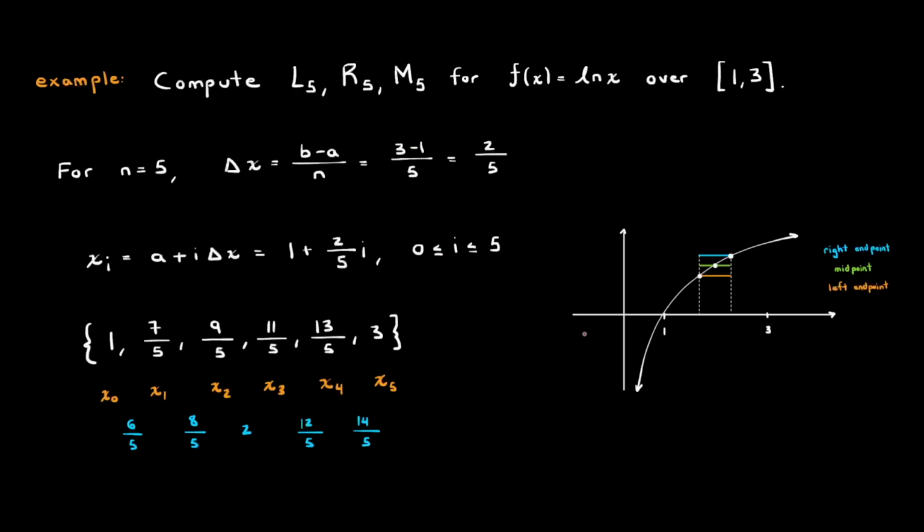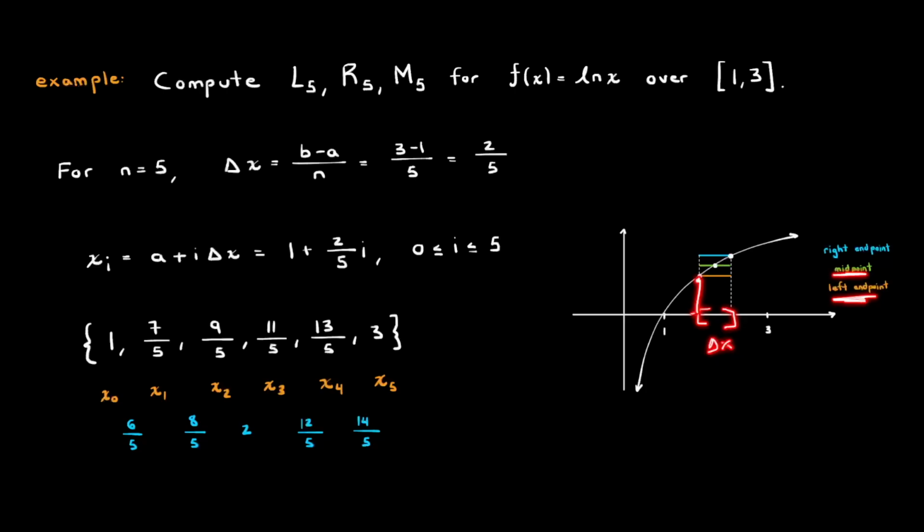Lastly, just before we do the calculation and add up all the area of the rectangles, let's just review what the difference between right endpoint, midpoint, and left approximation is. So for a given subinterval of width delta x, the left endpoint approximation is going to use the height of the function at the left endpoint.